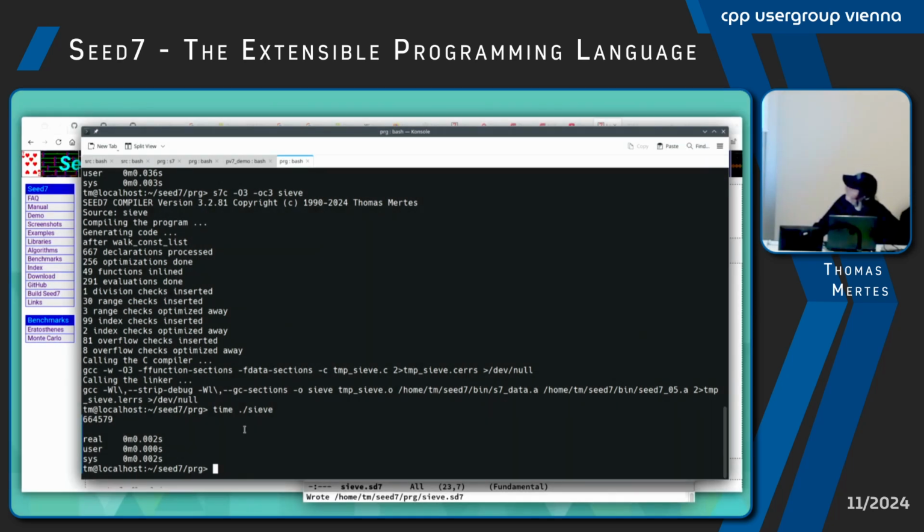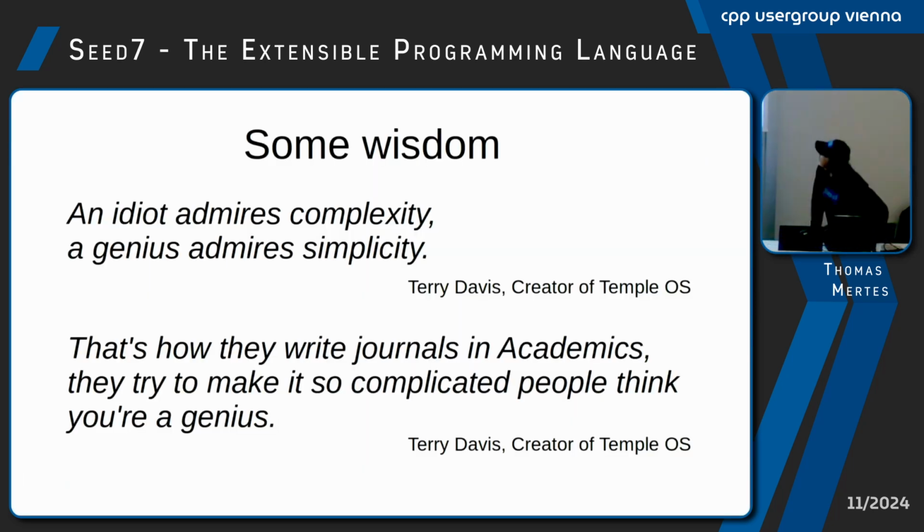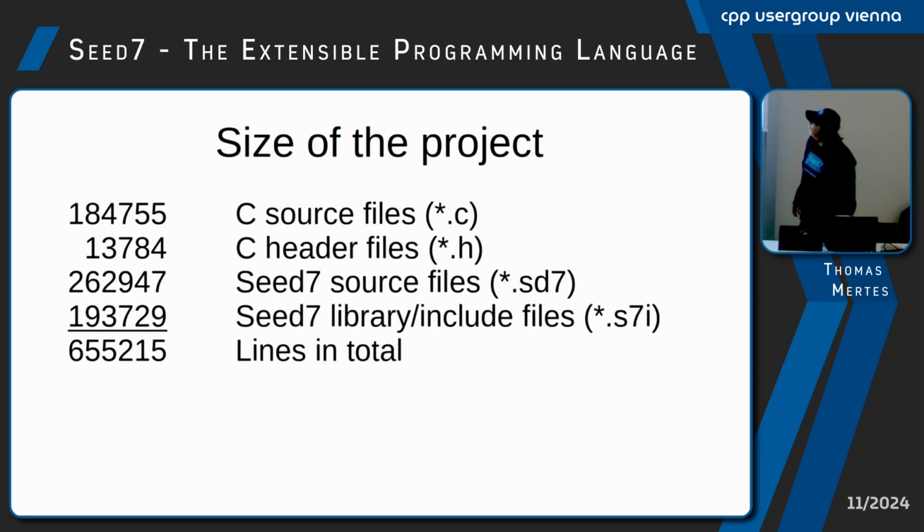I have some final slides. This is Terry Davis, who made a crazy operating system, and he was really ill, but I like this wisdom: an idiot admires complexity. And this is the size of the Seed7 project in lines of code.